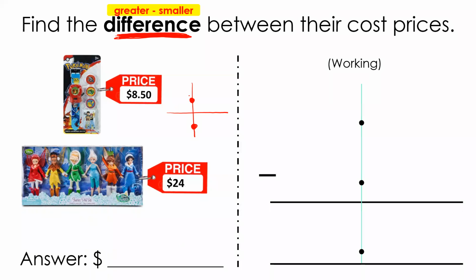Okay, so the first one is Pokemon watch, $8.50. And my fairies doll set will be $24. Okay, so $24. That will be a whole number which is on the left of your decimal point. Okay, so those of you who already caught this amount, that would be $24.00.